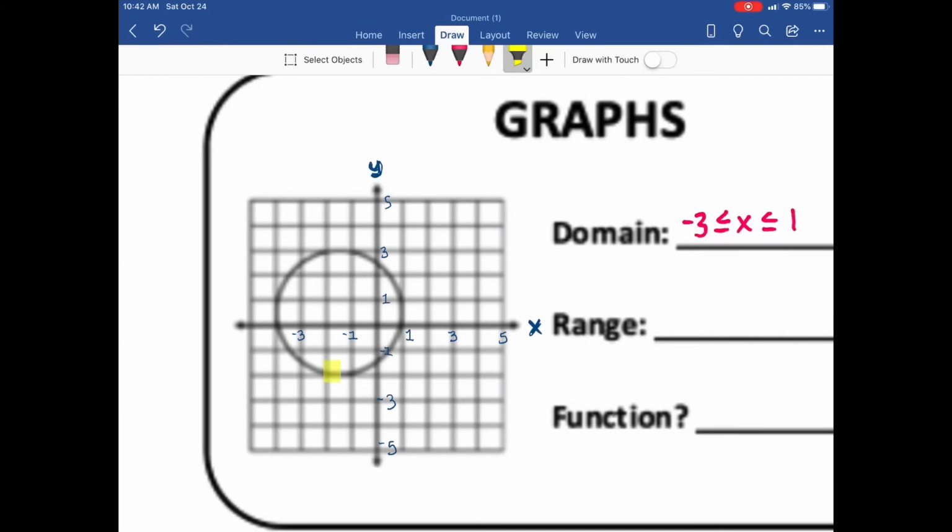And we can see here that this is the lowest y value that's included, and this is the highest, because all of those y values are part of our graph. So how would we express that? We'll use another compound inequality. And that would read that -2 is less than or equal to y, which is less than or equal to 3. That means all the values in between -2 and 3 are part of our range.